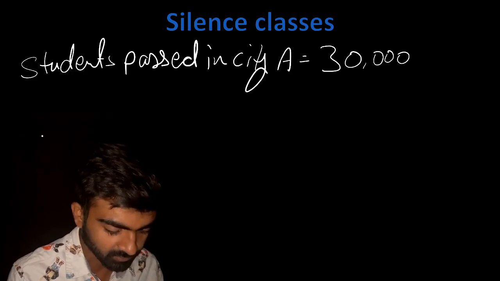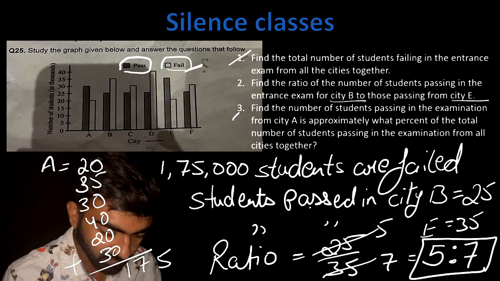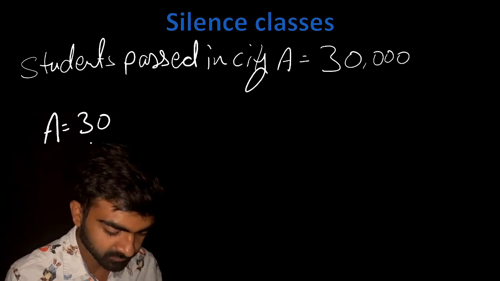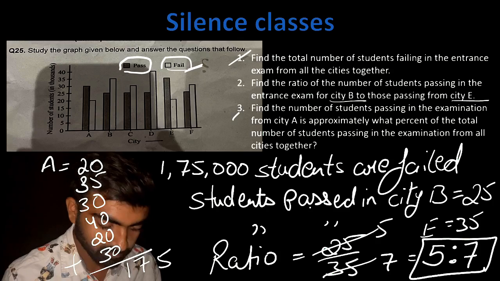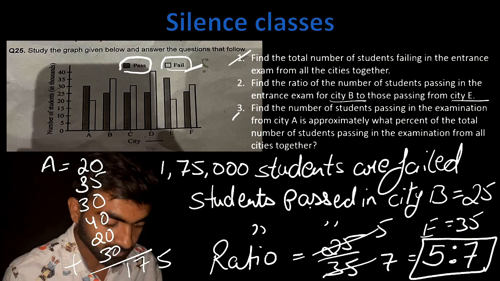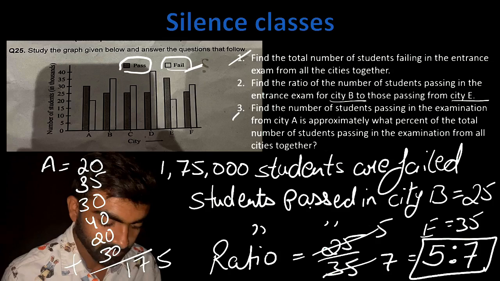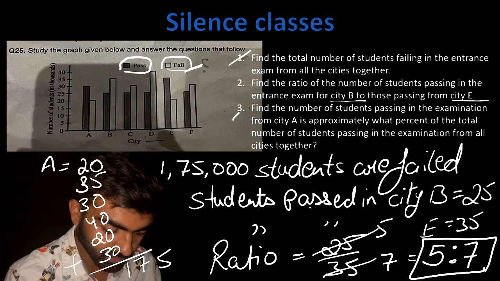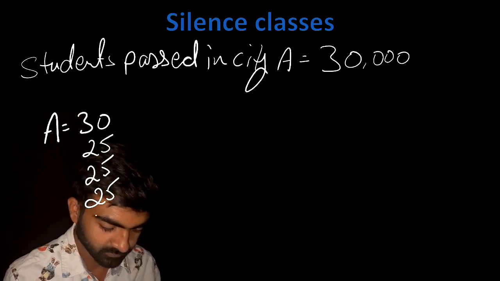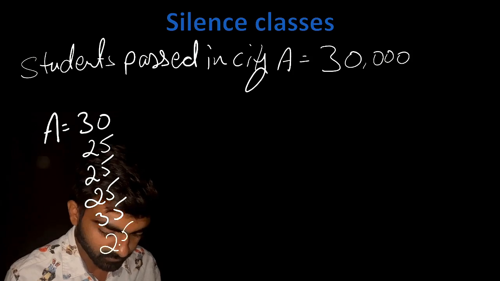City A is 30, city B is 25, city C is again 25, city D again is 25, city E is 35, and city F again is 25. We can write it down like this.